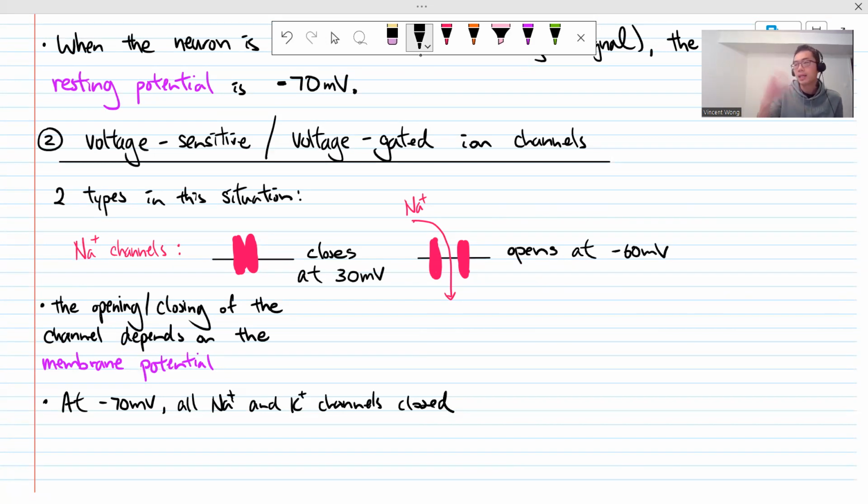Each of these channels has an opening voltage and a closing voltage. Think of them like the door to a store: they will open at 6 a.m., but they will close at 3 p.m. Once they're open, the sodium can pass through.